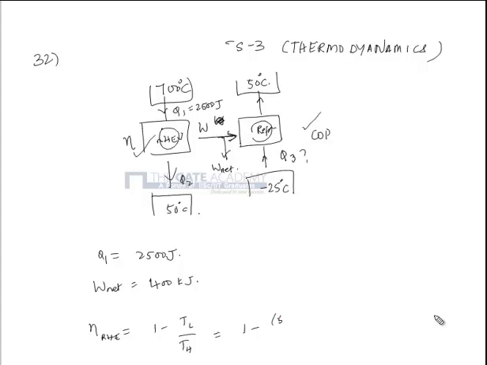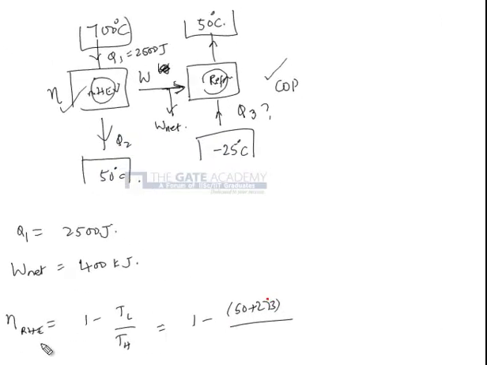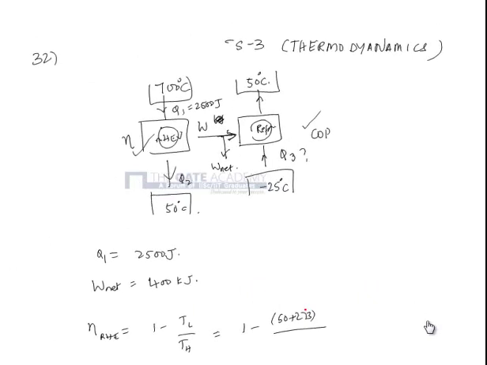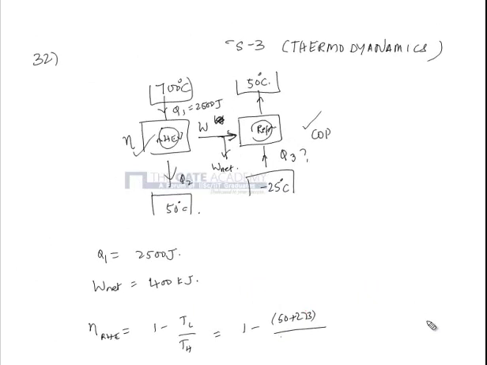So 1 minus 50 plus 273 by TH, which is given as 700 plus 273.